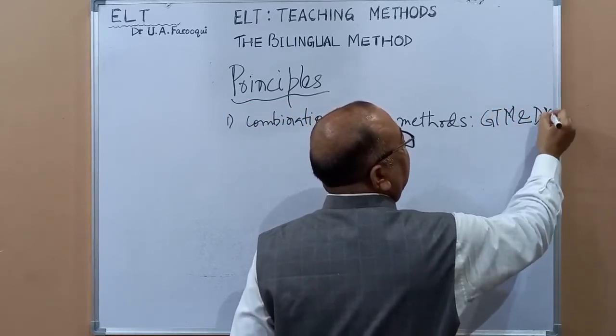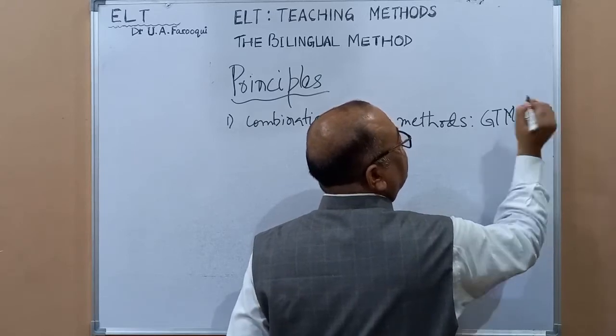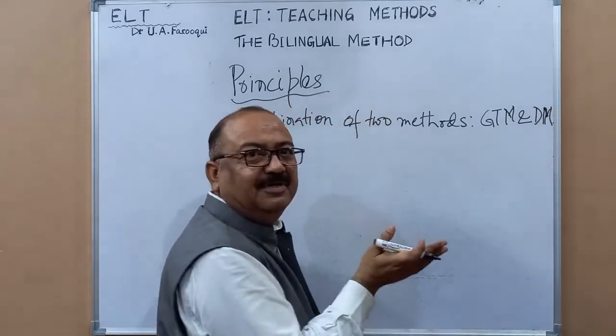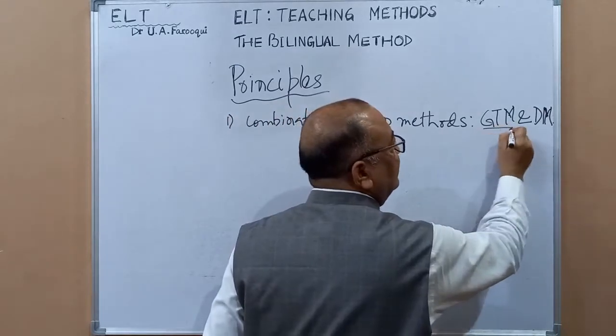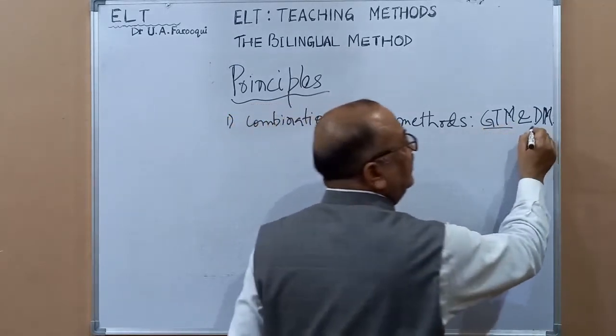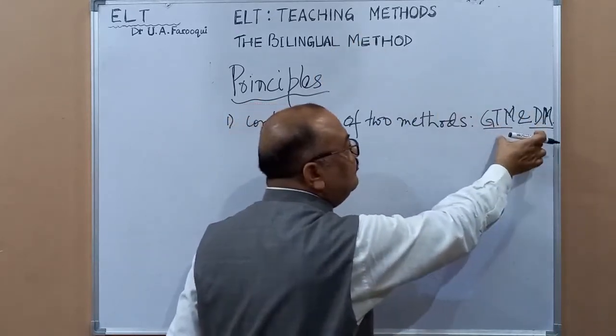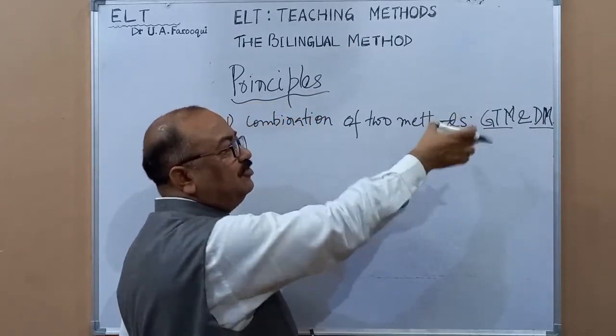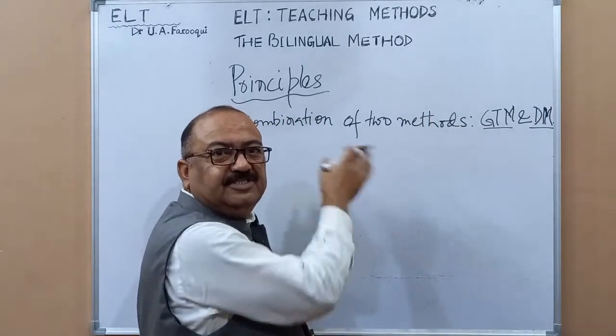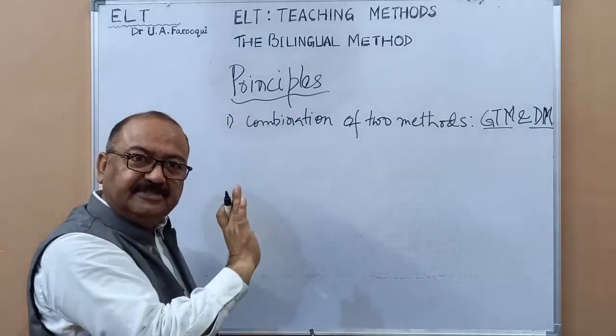I will write the abbreviations. We also call it GTM and DM. GTM is grammar translation method and DM means direct method. So the bilingual method is a fusion, a combination of these two methods. This is the first principle.